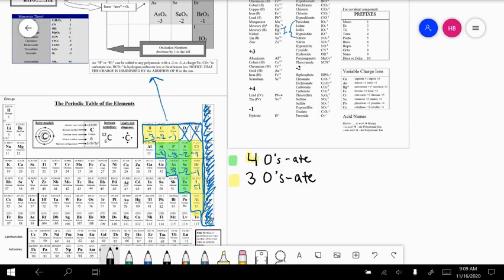So let's just do iodine here. We picked him. He is an outie, so his ATE version has 3 oxygens. He is in the first position, so his charge is -1. So IO3 -1 is iodate.